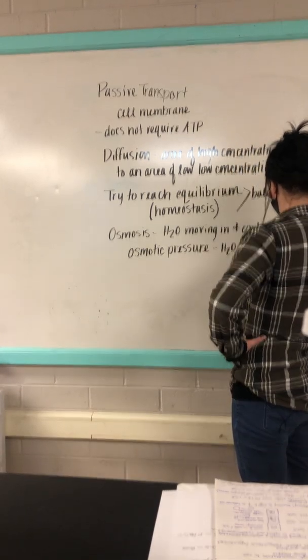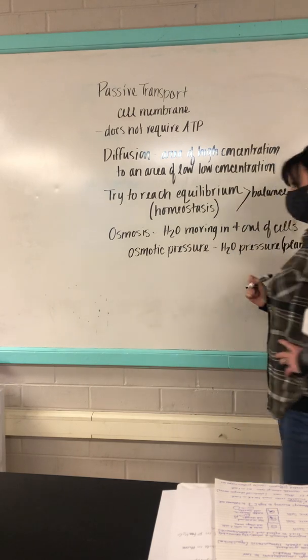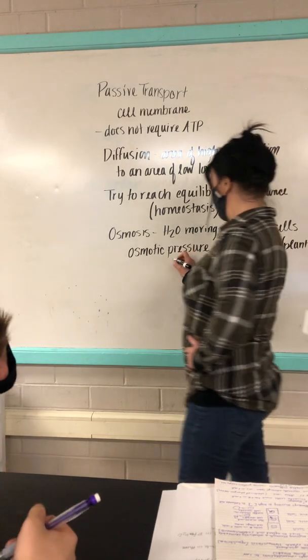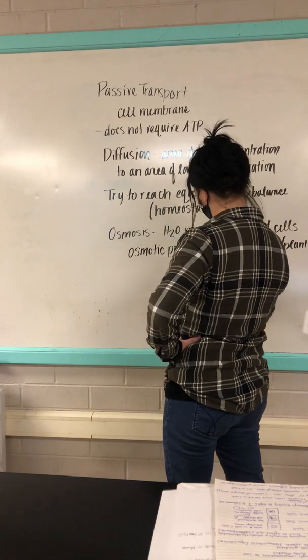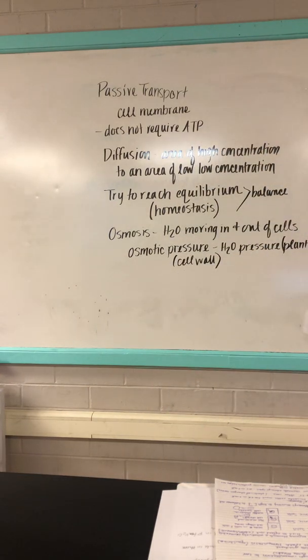And remember they said that plants can have that pressure because of what structure? Not the cell membrane. What else does a plant have? Cell wall. So the cell wall allows it to maintain this extra pressure. This is what helps plants grow.